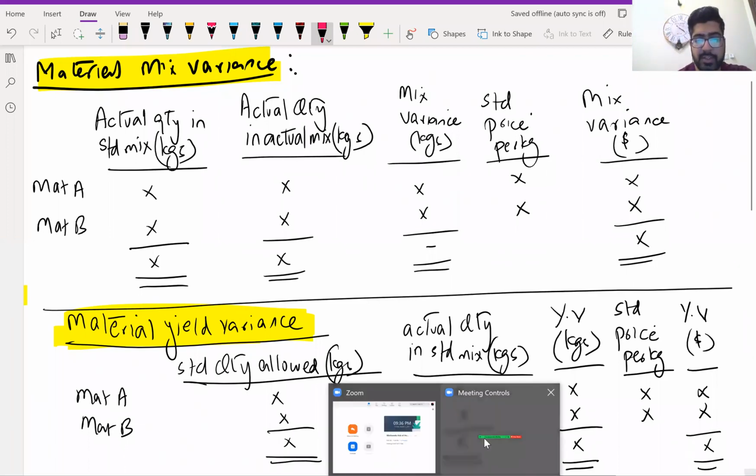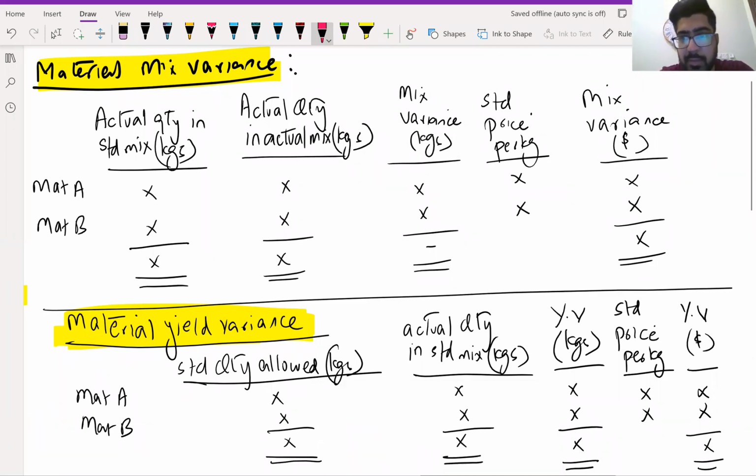Since in today's agenda we are covering these 2 variances, material mix and material yield variance, copy the format so that I can properly start, please.